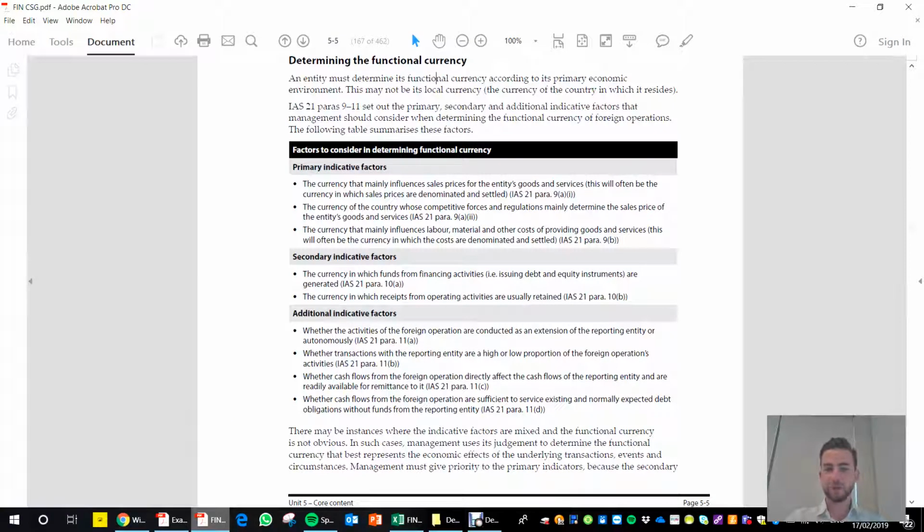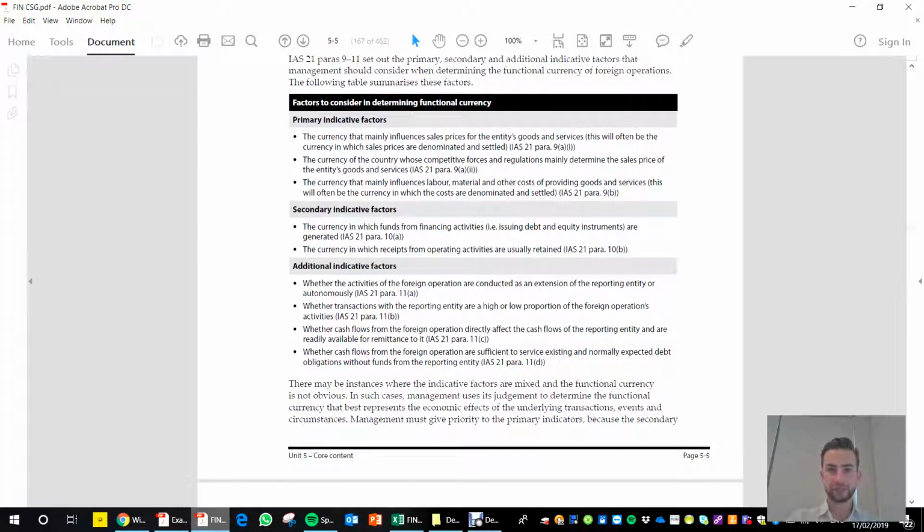If they're not available, go to the secondary level, and then if they're not available, go to the additional indicative factors. So generally, management needs to make a judgment as to what your functional currency is and what your presentation currency is.